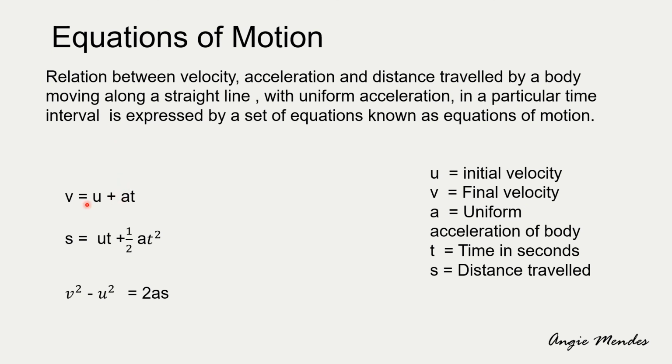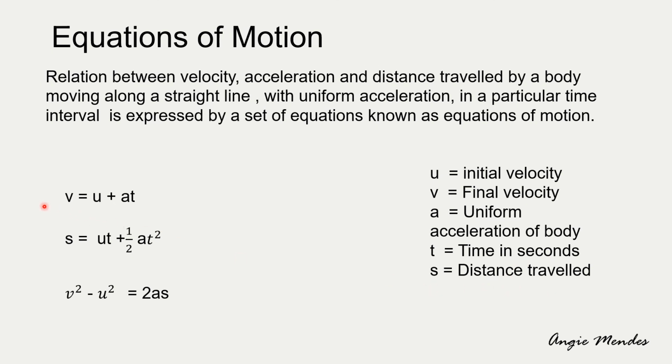So here we have got the equations of motion. Before we go to the equations of motion, let us look at what each of these mean. U is the initial velocity, V is the final velocity, A is uniform acceleration of body, T is time in seconds, S is distance traveled.